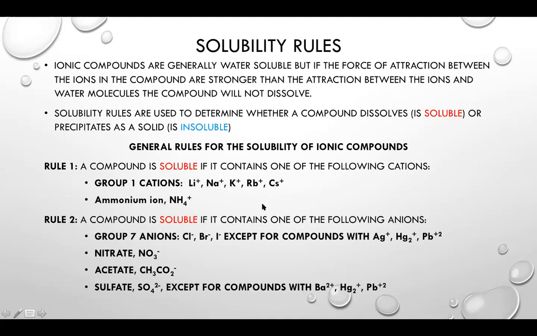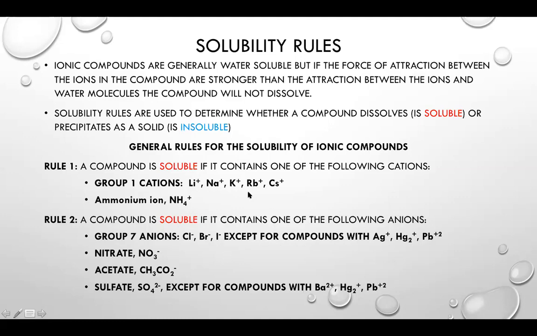Anions are those negative charged atoms. So group 7 anions are chlorine, bromine, and iodine, except if they're in compounds with silver, lead, and mercury. So if you were to see AgCl, even though it has the chlorine in it, because this silver is there, it's not going to be soluble.